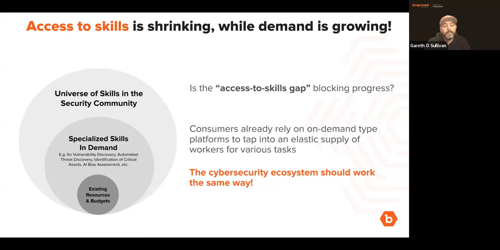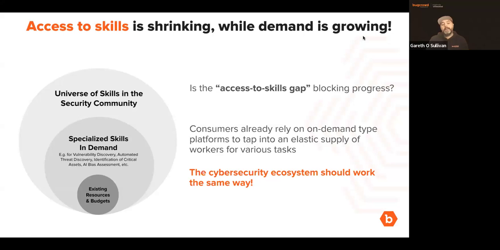With the ecosystem that we've built within Bugcrowd, we can help organizations tap into a very large community of skilled researchers and hackers. We often see that access to those skills is potentially blocking organizations' progress in making themselves more secure.